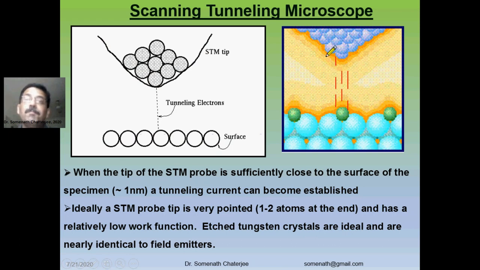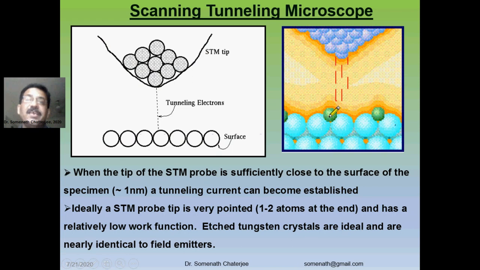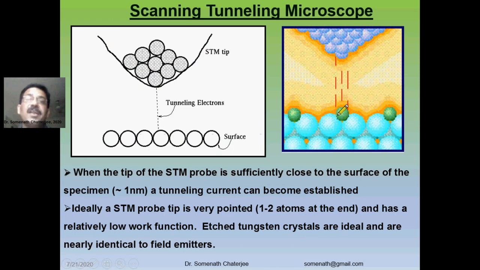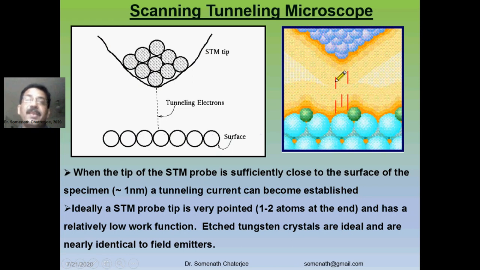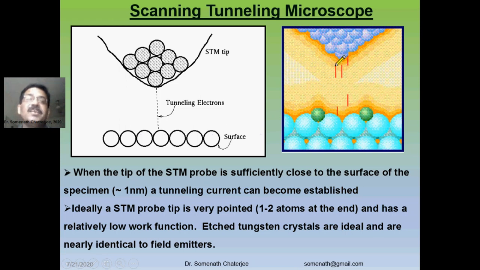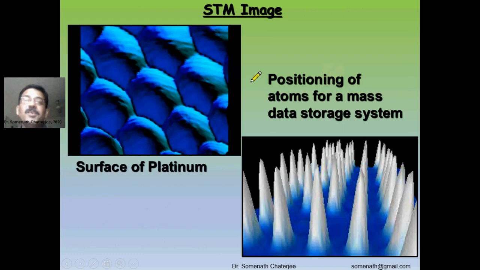But the distance is very small, so the current is not flowing in the usual way. This is basically called the tunneling current or tunneling leakage current. So using this we can see the atoms.